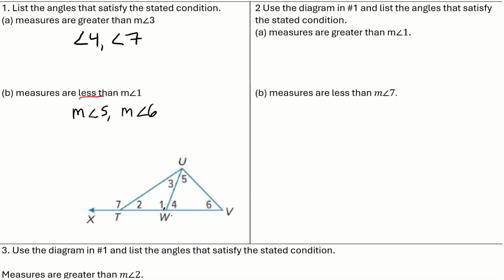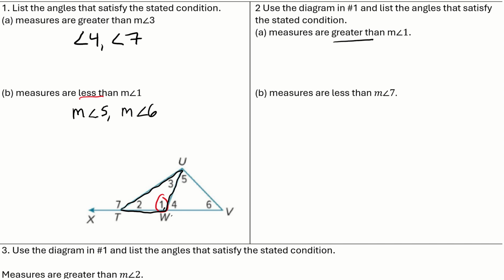All right, so for number 2, we're going to use this diagram. Which measures are greater than angle 1? Since we're looking for greater than, that means we're looking for exterior angles. That means that we're going to say that 1 is an interior angle so that we can find ones that are exterior to that. So let's look at this triangle right here. What is exterior to that but far away from it?